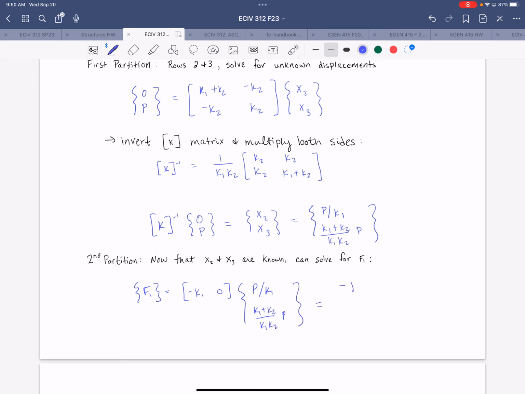And you would get negative P for F1. That checks out with your gut, your intuition. We all knew that just by looking at the system. It also checks out with equilibrium.